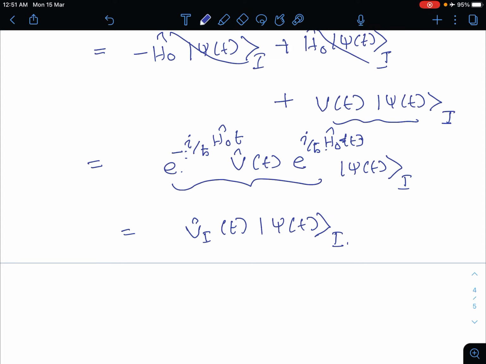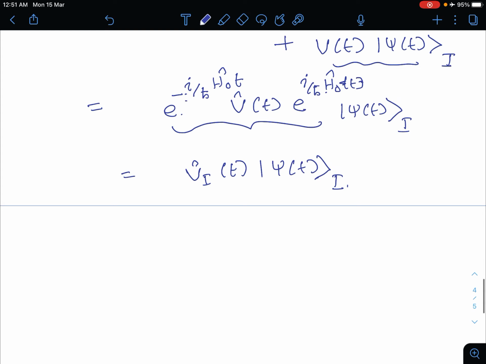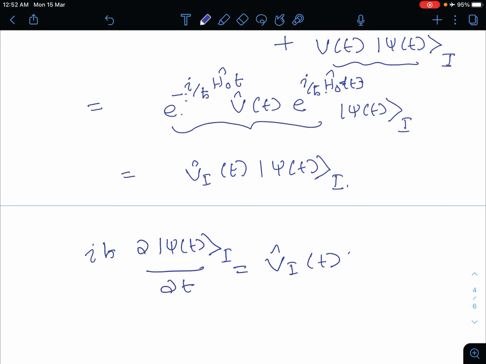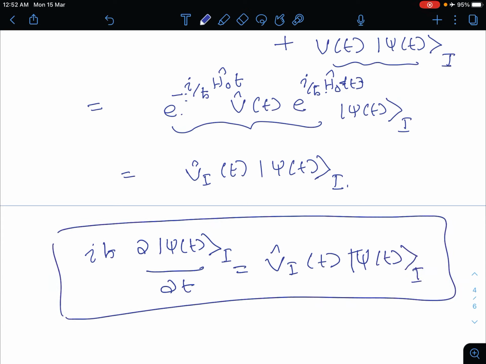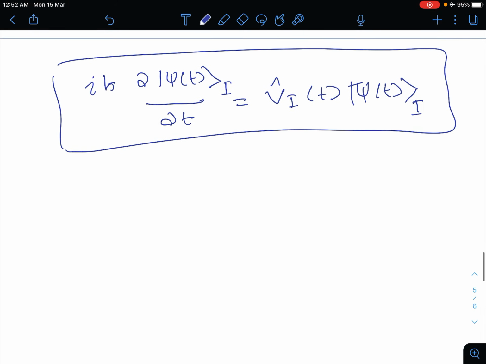Alright, this is good. So I can now write i h cross dou psi of t I by dou t is equal to V I of t psi of t I. This is the equation of motion in the interaction picture. Good.